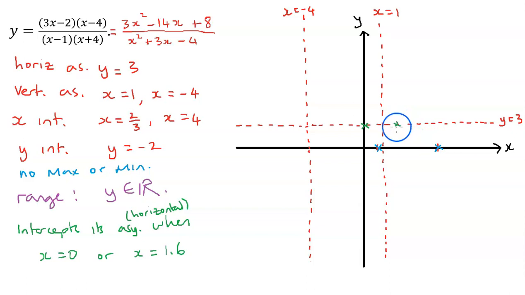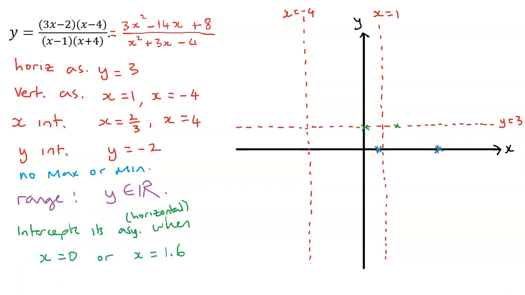But we can't have a point here and a point here, because otherwise it would need to come down, and then curve around again somewhere. And it can't curve around because there's no maximum or minimum. So either I've made a mistake here or here. Let's go back and check the working.